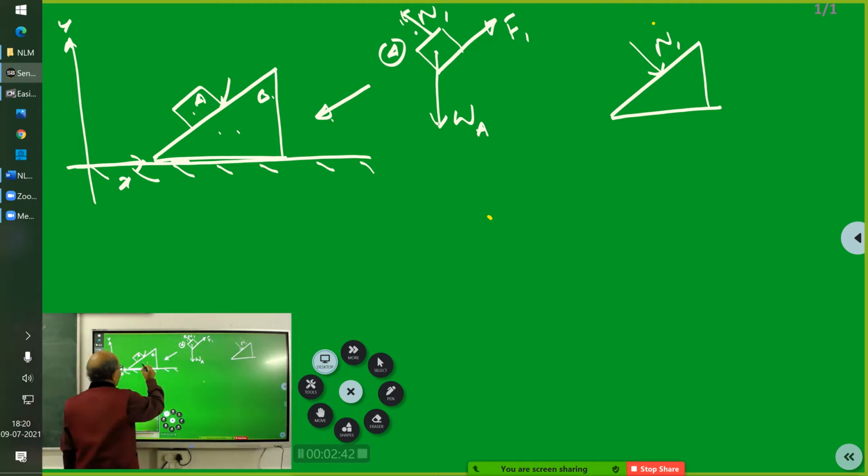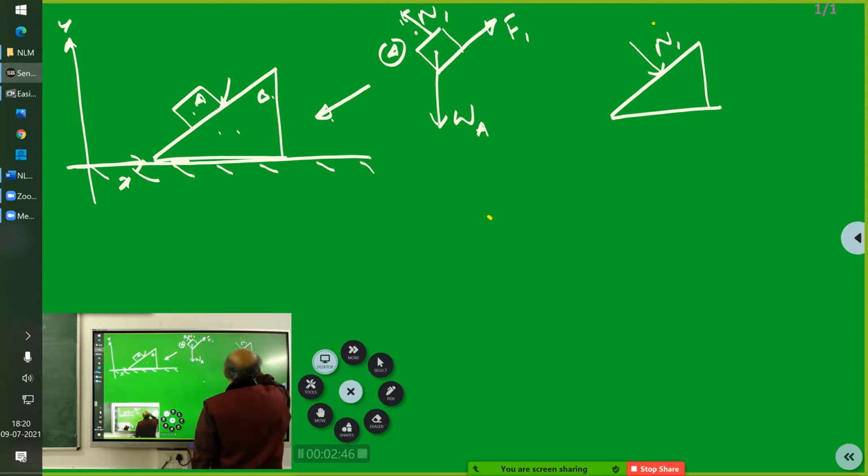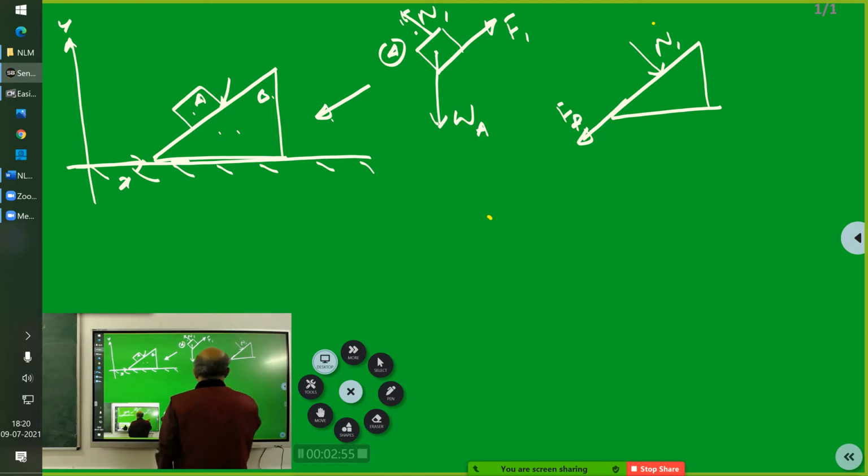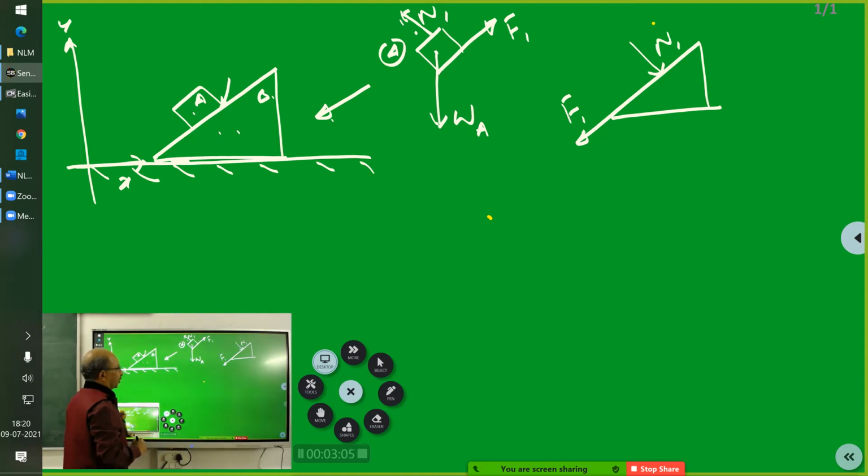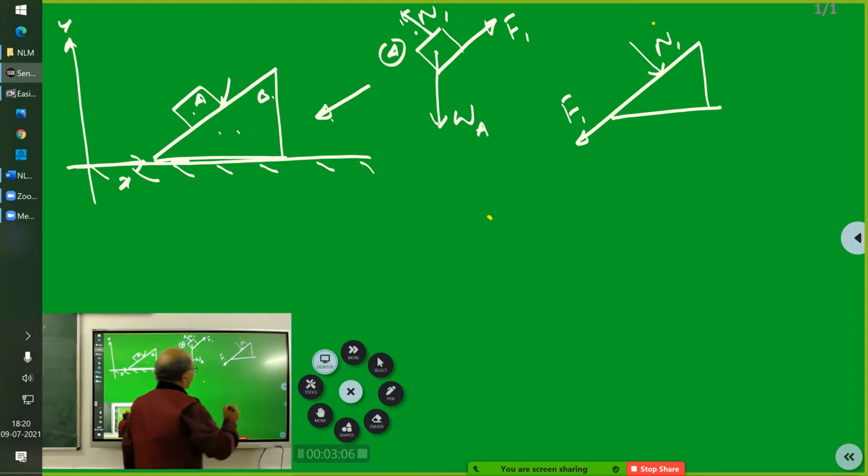And due to B, there is frictional force F1 on A, and therefore due to A, the frictional force on the wedge will be F2. This is in accordance with Newton's third law.